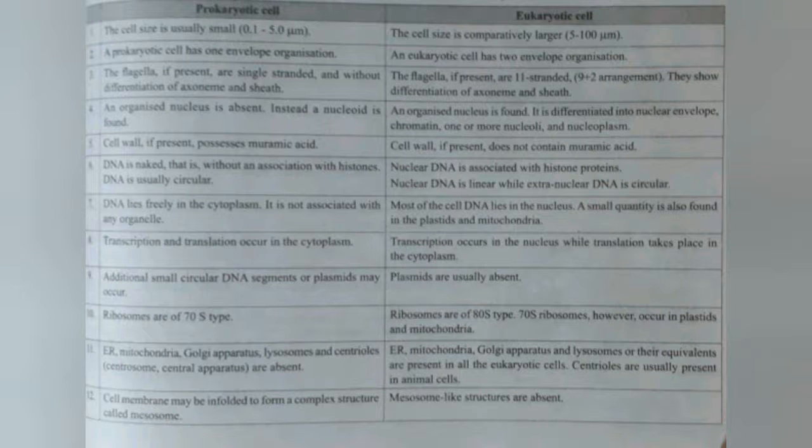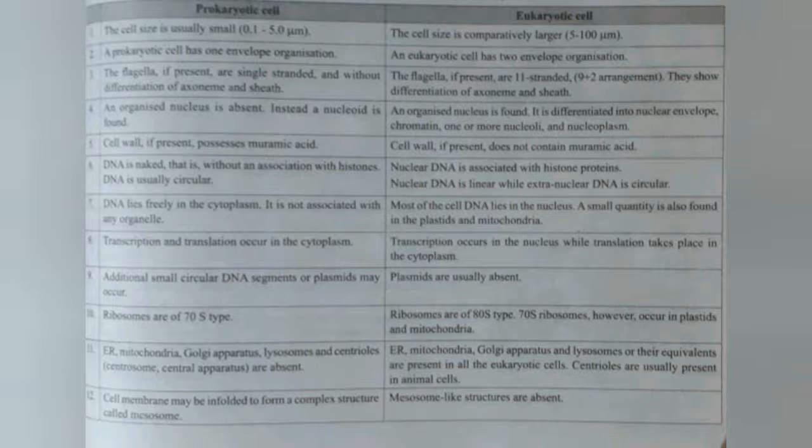In case of prokaryotes, the DNA lies freely in the cytoplasm and is not associated with any organelle. Whereas the DNA in the eukaryotes lies inside the nucleus and a small quantity is also found in the plastid and mitochondria region.